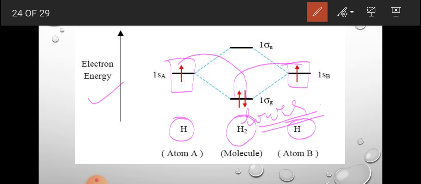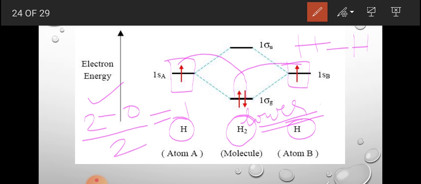Suppose you have to take out the bond order of hydrogen. You can see that bonding electrons are 2, anti-bonding is 0, divided by 2, it will come 1, and you know that there is a single bond between hydrogen and hydrogen.